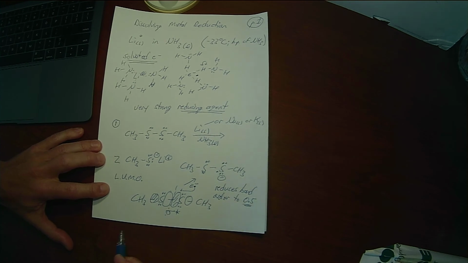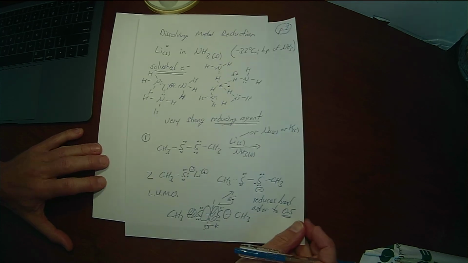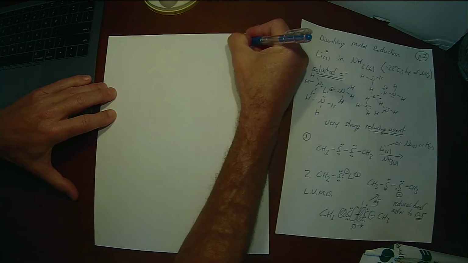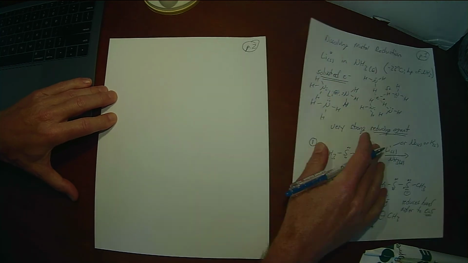That weakens the bond. If you donate a second electron onto the other sulfur, the bond order becomes 0, and you'll split that bond. So the second electron causes the bond to break.